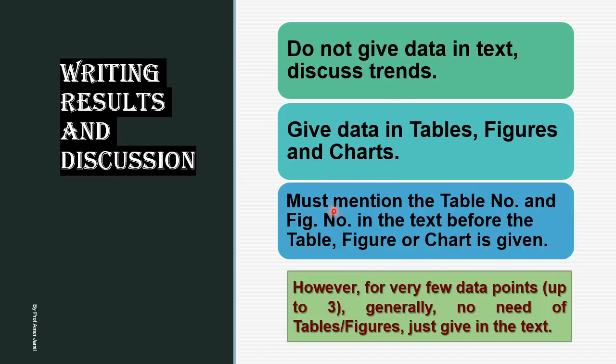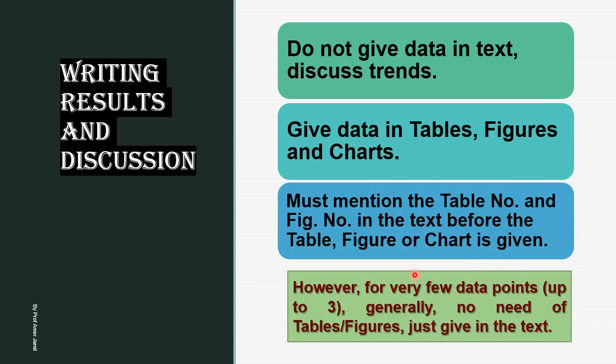So first you should mention the table, figure or chart in the text, and then you give that particular table, figure or chart. And you must mention the table number and figure number in the text before the table, figure or chart is given.